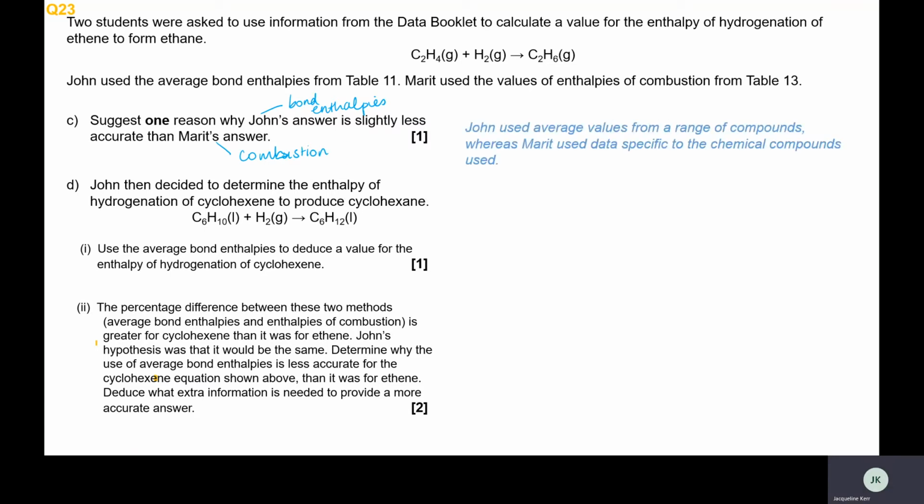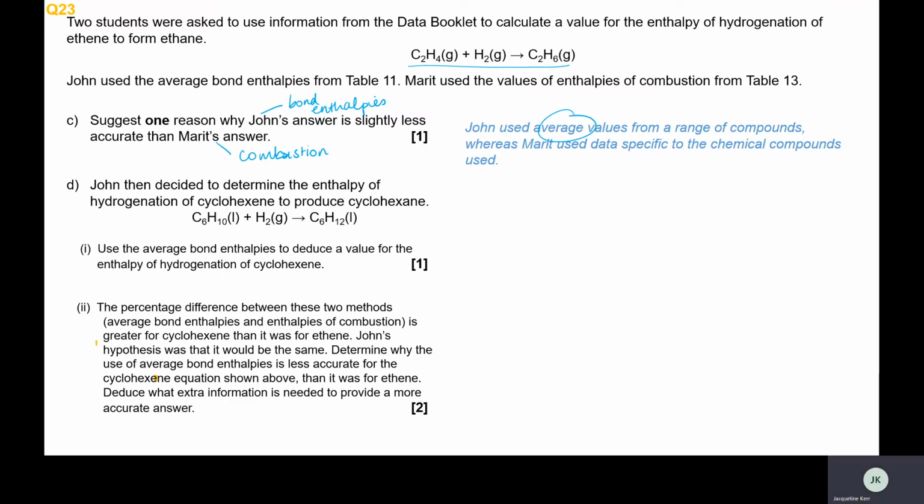So here we're using average values. The range of compounds are used to calculate those average bond enthalpies. Whereas Marit's data, she used combustion data that was specific to the actual chemical compounds that are in this equation here. So hers is going to be more accurate because it's not affected by neighboring bonds or other interactions that might be happening in the range of molecules that the average bond enthalpy values come from.